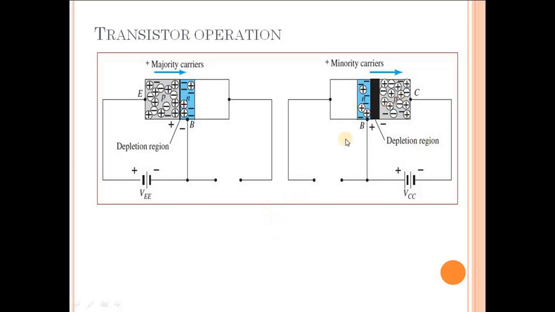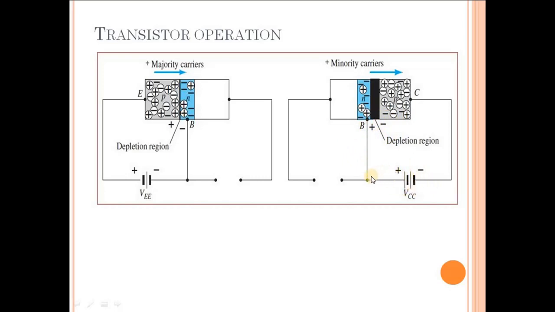Now if you'll see in the second circuit, the DC bias has been applied to the collector base PN junction, and this DC bias is such that it reverse biases this PN junction. Unlike the case in the first circuit, where the DC bias was forward biasing the emitter base PN junction, in this circuit the collector base PN junction has been reverse biased by this DC bias.